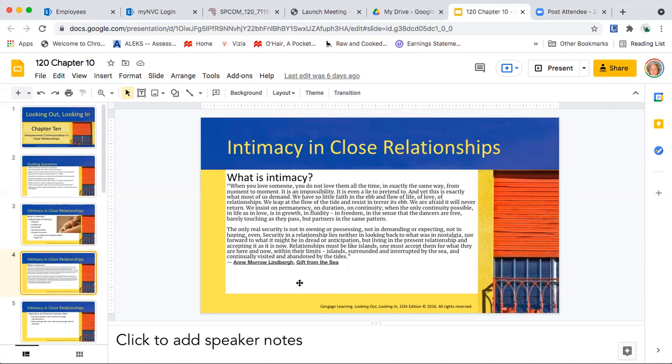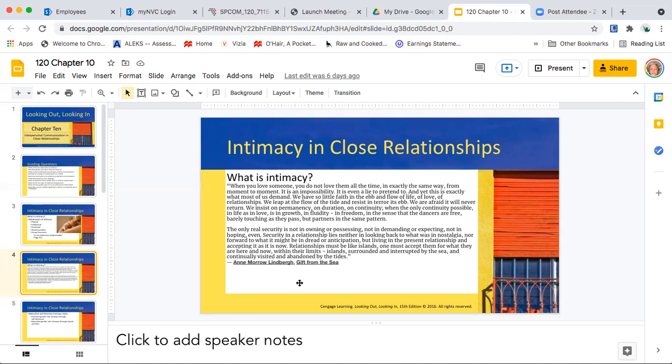We insist on permanency, on duration, on continuity, when the only continuity possible in life, as in love, is in growth, in fluidity, in freedom, in the sense that the dancers are free, barely touching as they pass, but partners in the same pattern.